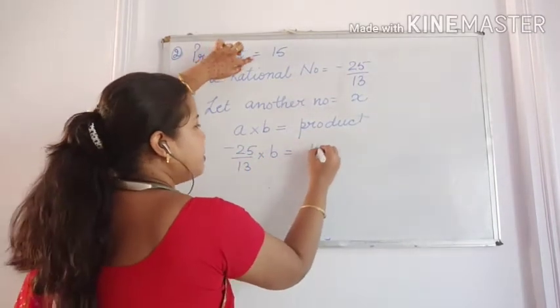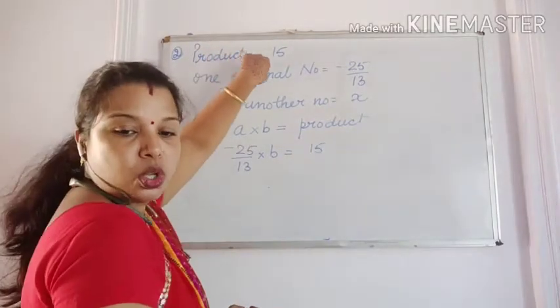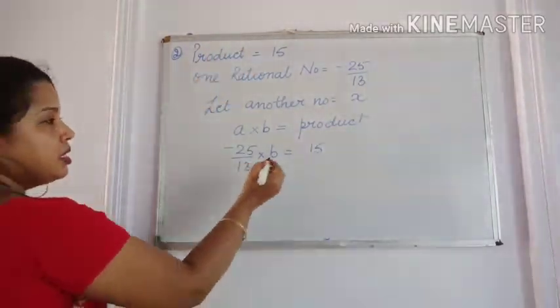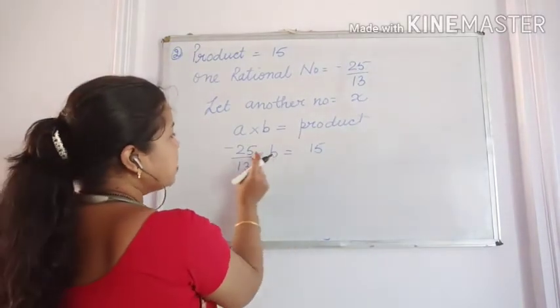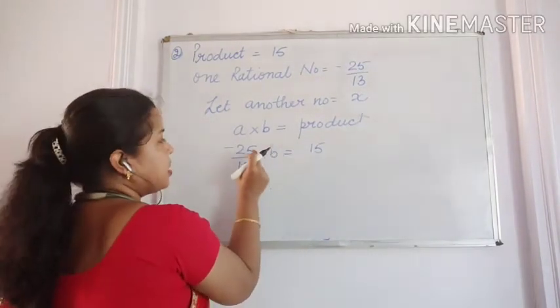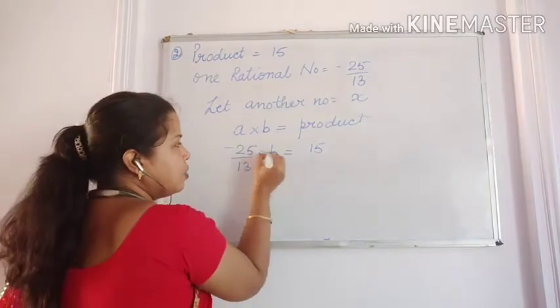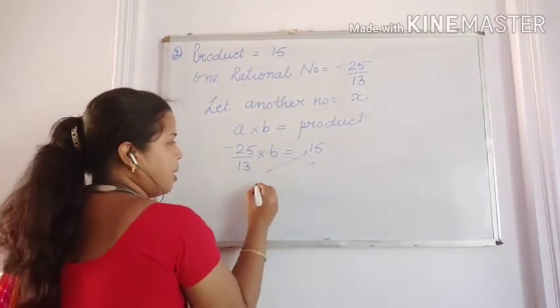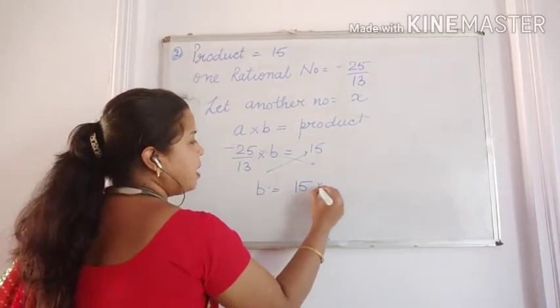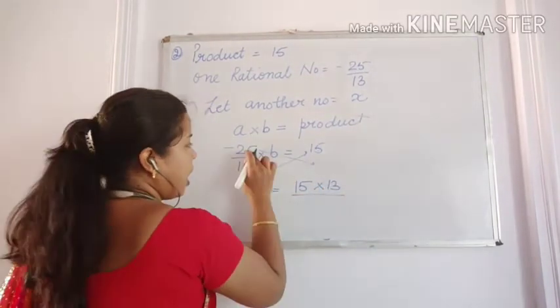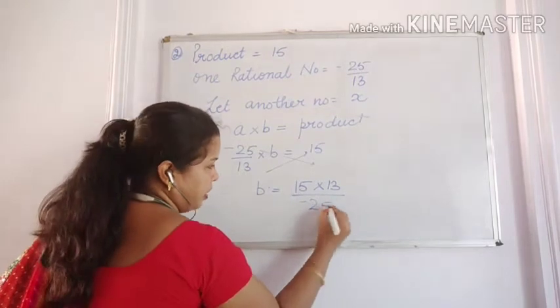Product is given as 15 here. So what we will do here, this 15 is here, B you can keep as it is. These two values, take this 25 down, 13 up, B as it is: 15 multiply by 13 upon minus 25.